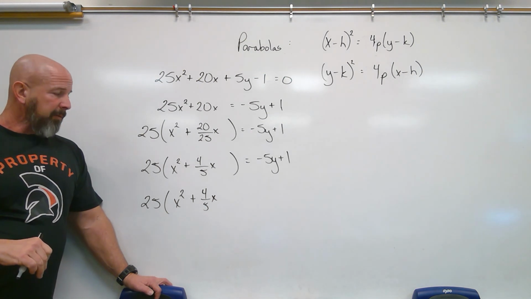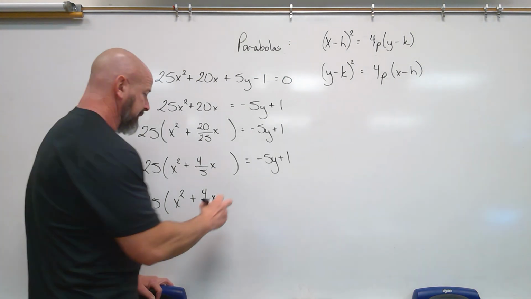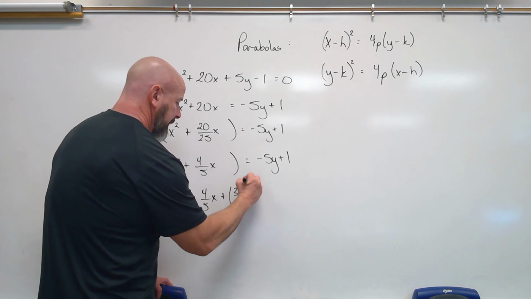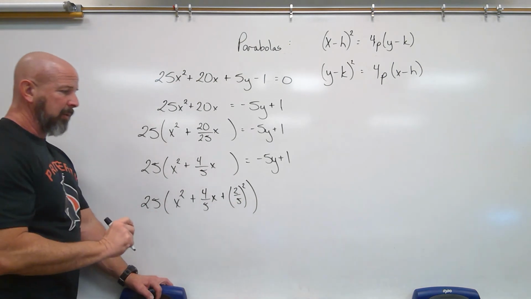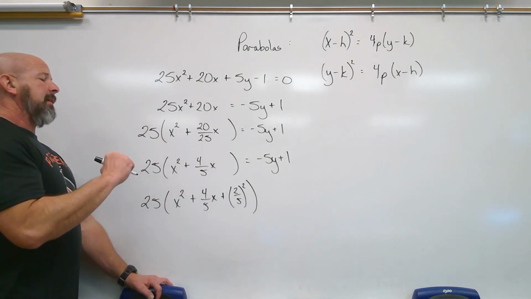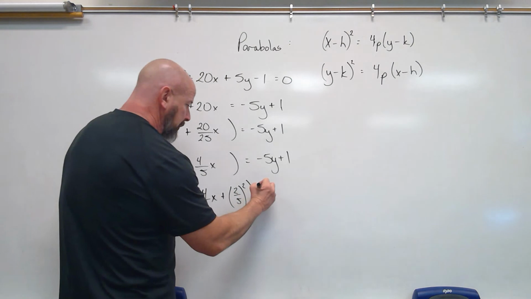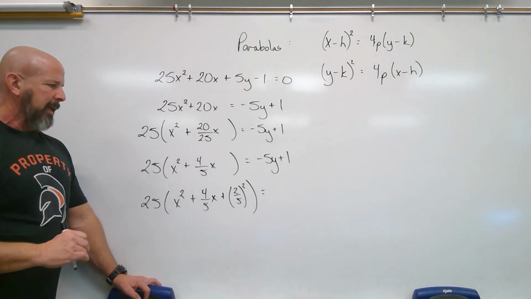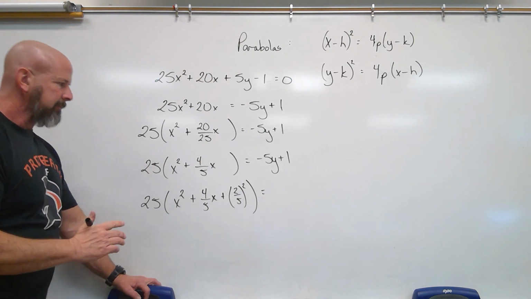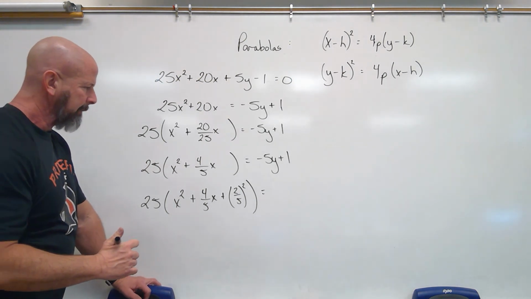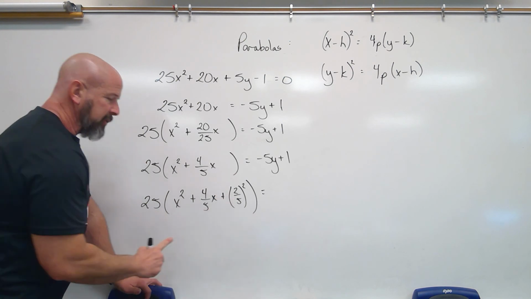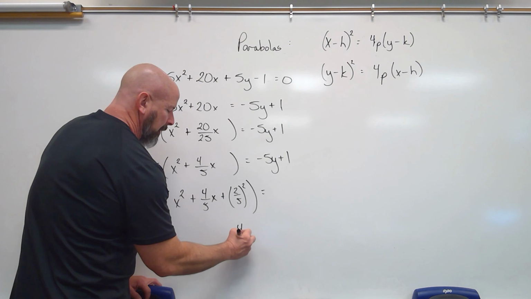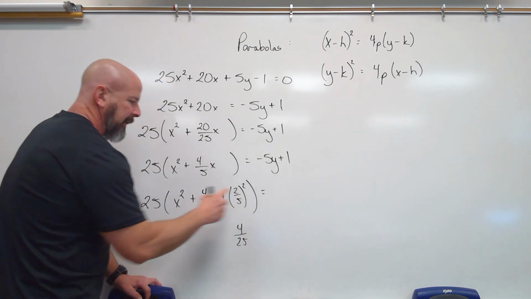So half of 4/5 would be 2/5 squared. I'm going to put an intermediate step in there showing what I'm squaring. And then I've got to add this to both sides. All right, here. I'm going to add this guy to both sides. So let's kind of see what's happening here. 2/5 squared is really 4/25 if I were to square it.